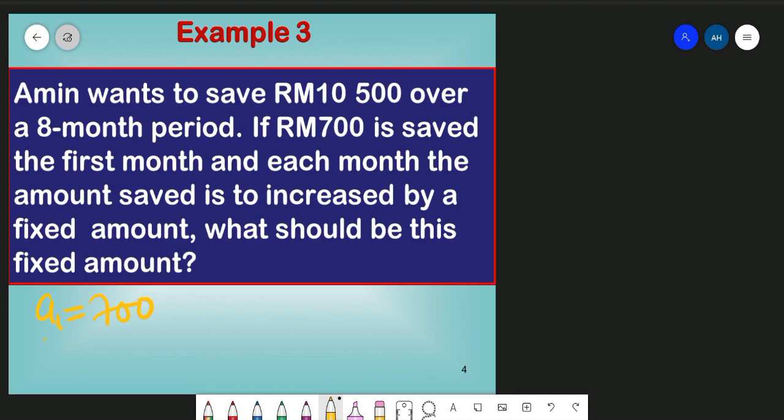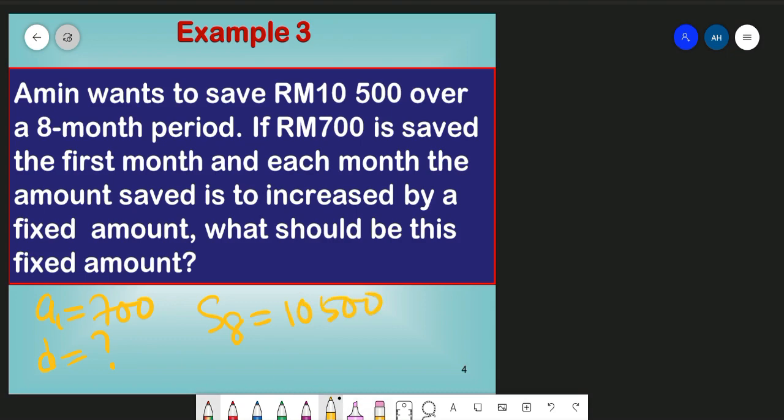Now he has to increase some fixed amount every month. That one we don't know yet. And we also know n is 8, and the total amount of money that Amin would like to have is 10,500 ringgit.